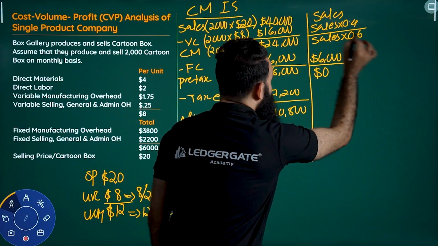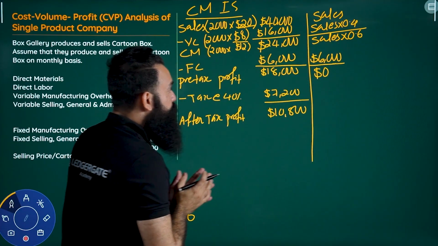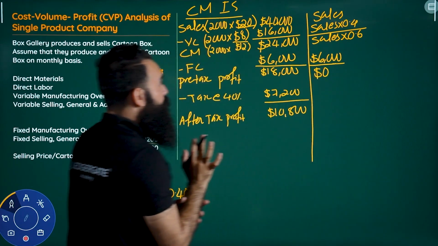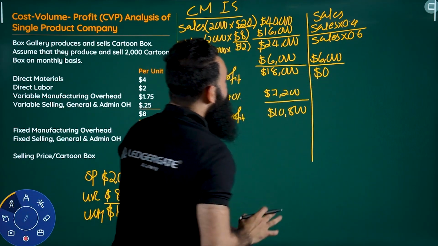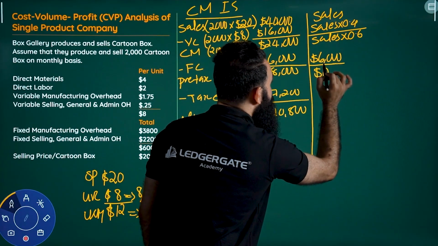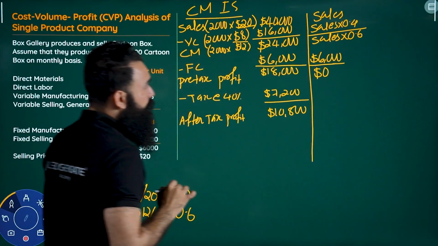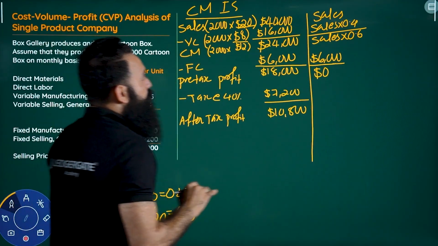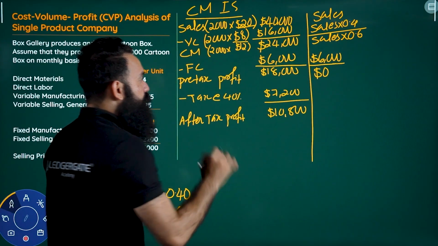This is our contribution margin. From this contribution margin, if you are deducting fixed cost, we will arrive at profit. But our profit will be 0 here because this is break-even sales. That means here in break-even, our contribution margin is equal to our fixed cost. Then only it will become 0 over here, right? So here we know that this is our contribution margin, this is fixed cost, is equal to profit.